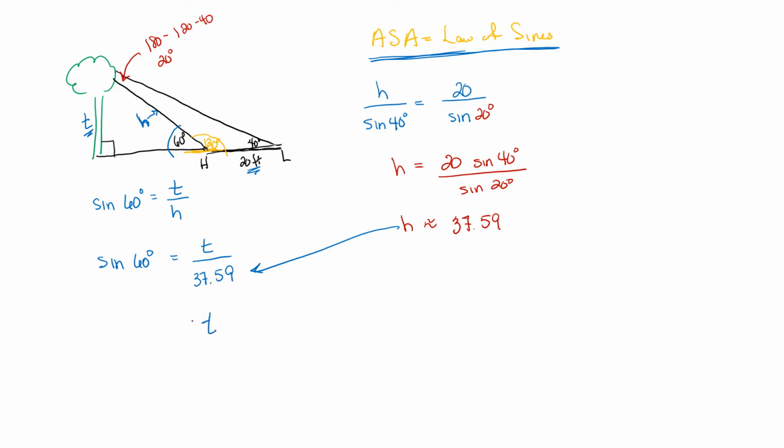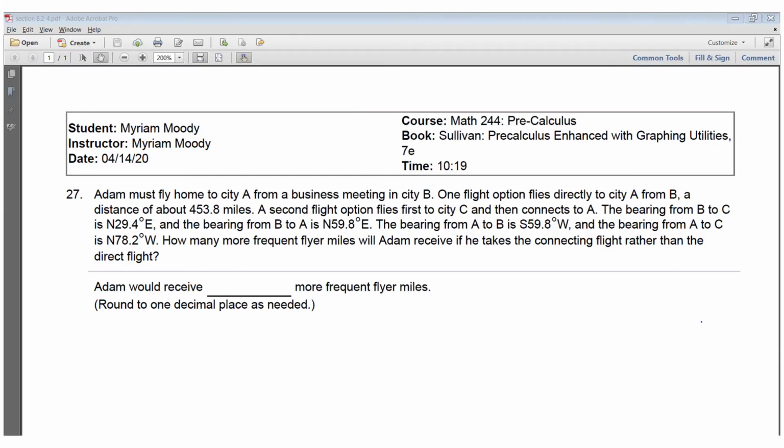And then when you get t by itself, it's going to be 37 point whatever's in your calculator times the sine of 60 degrees, isn't it? Okay. So I don't know about you, but when I did the work and rounded to 1 decimal place, I have 32.6 feet. What do you think? Good? Makes sense? You got that? Okay, cool. Let's look at another problem.